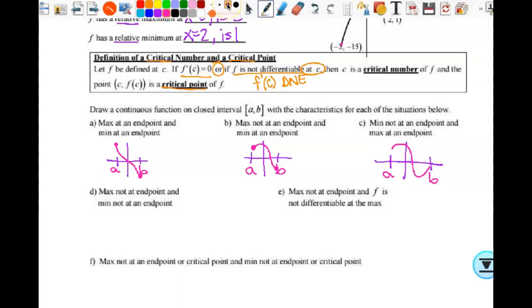Oh, wait, it says min not at an endpoint, max at an endpoint, thank you. It would help if I could read, which apparently I can't. So min not at an endpoint, max at an endpoint. Okay, so it's like this, something like that. Y'all agree with that? Thank you. Reading can be difficult sometimes.